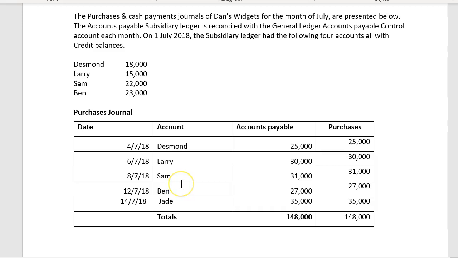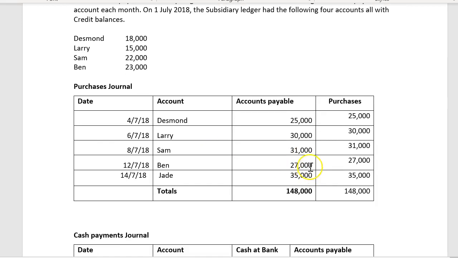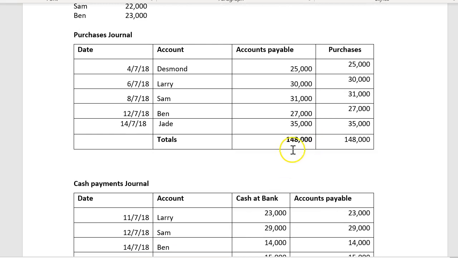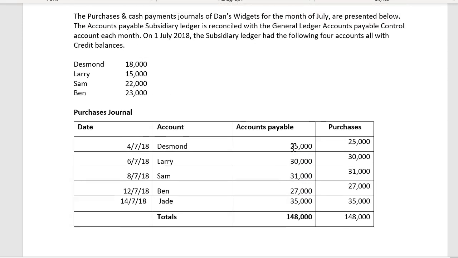Keep in mind, the subsidiary ledger accounts are outside the general ledger, and they are maintained for control purposes. That would eliminate excess detail from the general ledger account. In this case, it's accounts payable. So what we need to do is complete the general ledger account for accounts payable, which we call the accounts payable control account.